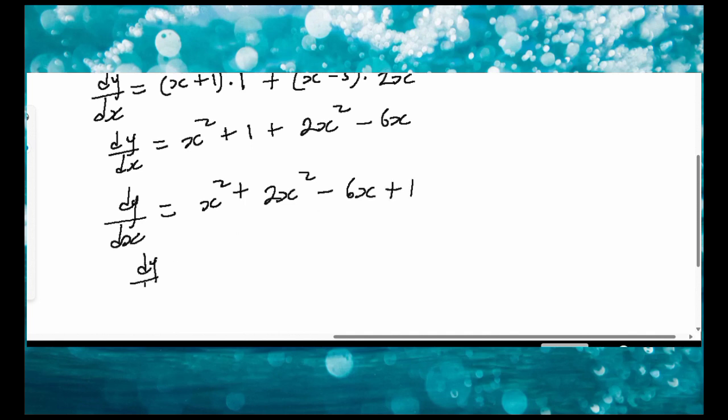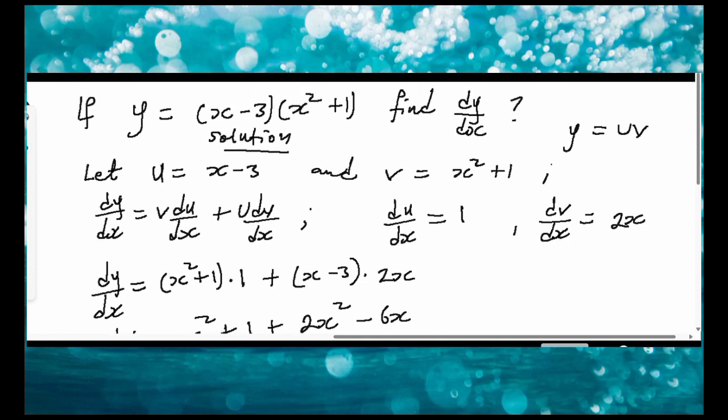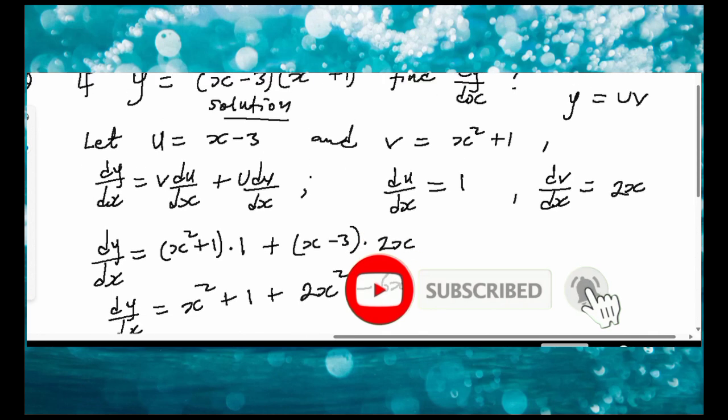Then dy/dx will be x squared plus 2x squared, which is going to give us 3x squared, then minus 6x plus 1. And simply we have differentiated y is equal to x minus 3 times x squared plus 1 easily using the product rule.